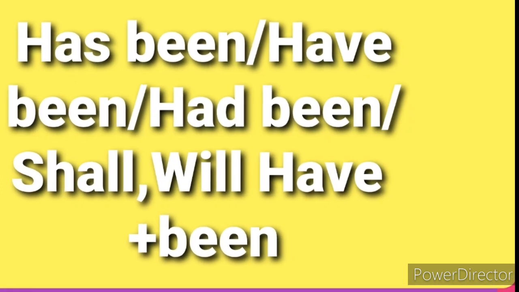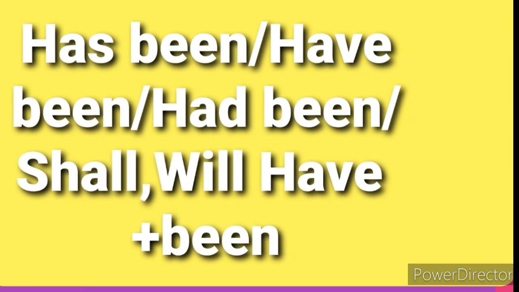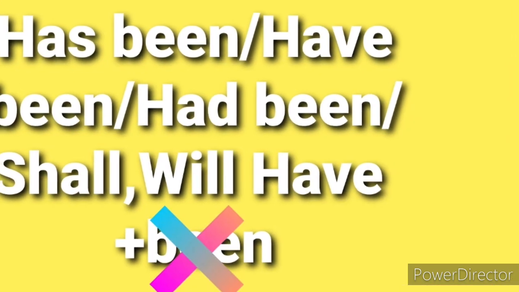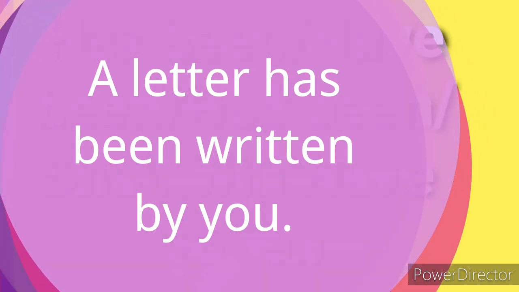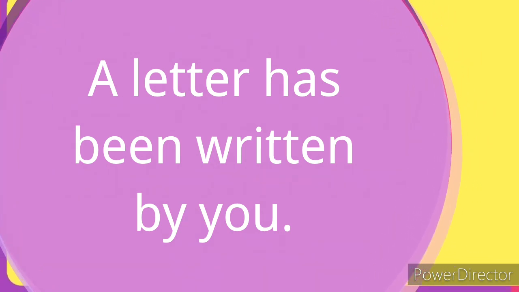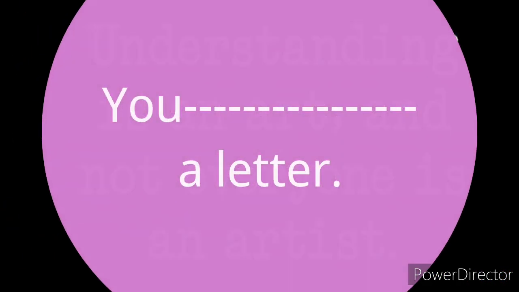First, as I said, you are supposed to identify the subject and object. We have identified that a letter is the object, and you is the subject. So we will reverse it, and the sentence will be: you, dash dash dash, a letter.